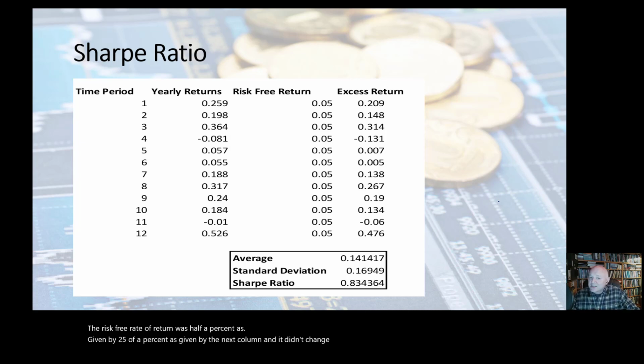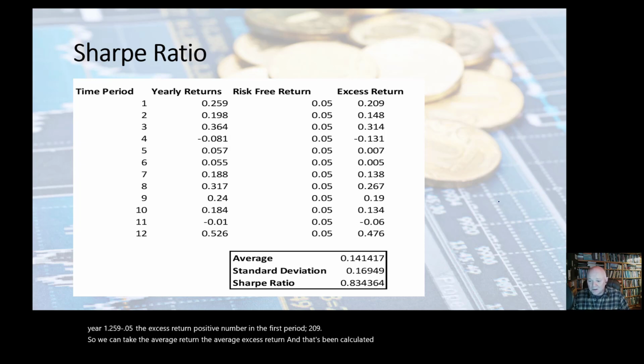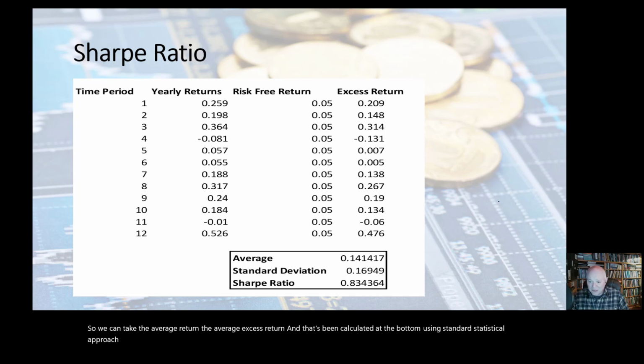The excess return, the return from year 1, 0.259 minus 0.05. The excess return, a positive number in the first period, 0.209. So we can take the average excess return, and that's been calculated at the bottom. Using standard statistical approach, we calculate the standard deviation for that column.